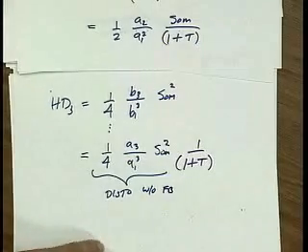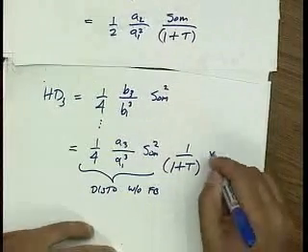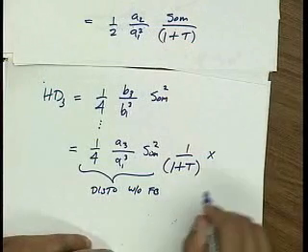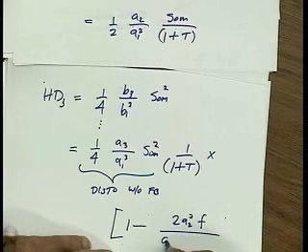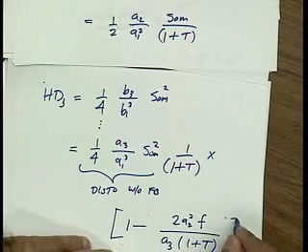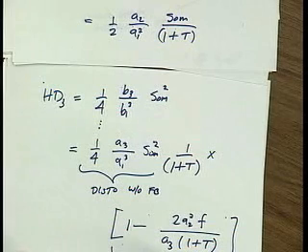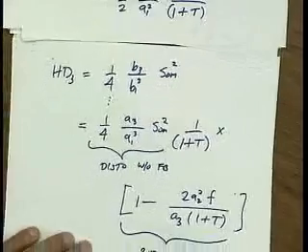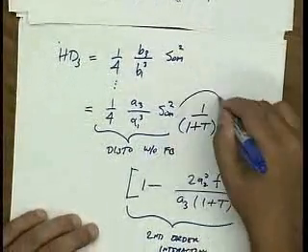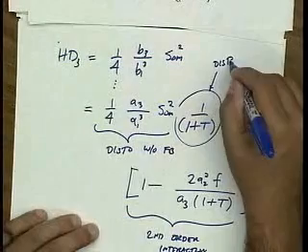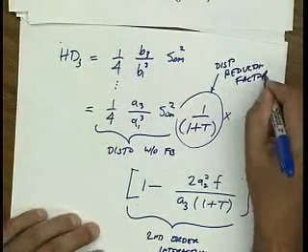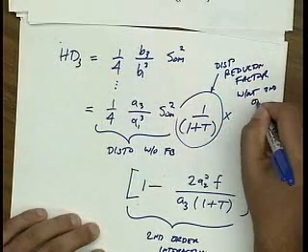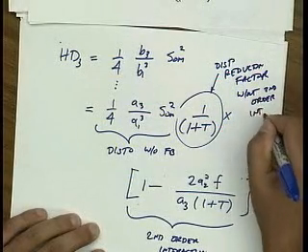So great, the distortion level is reduced by 1 plus t, but unfortunately I have second order interaction. So things are a little more complicated. So this is the distortion reduction without second order interaction.